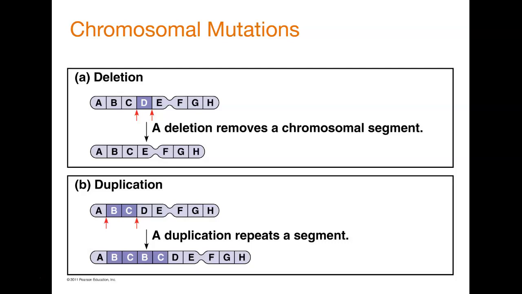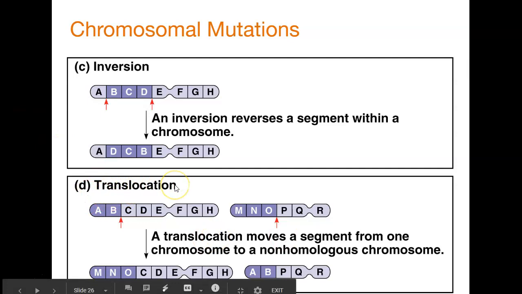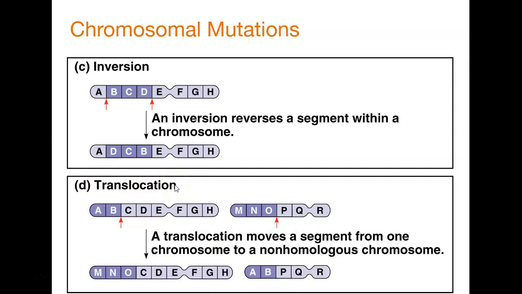If it's large enough, you might be able to see it on a karyotype, but if it's just a singular gene, then you might not be able to see it on a karyotype. You can also have inversion, which means part of it gets flipped around. You can also have translocation, where little chunks of one chromosome migrate or swap places with chunks from another chromosome.